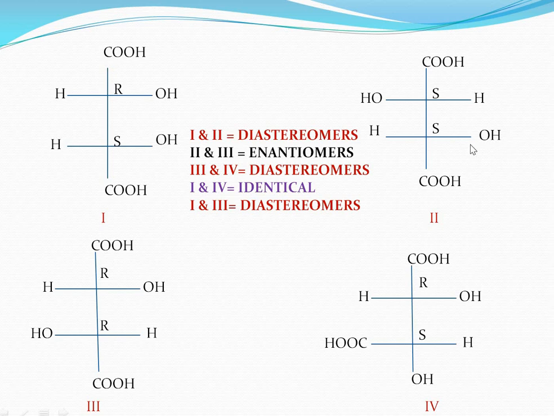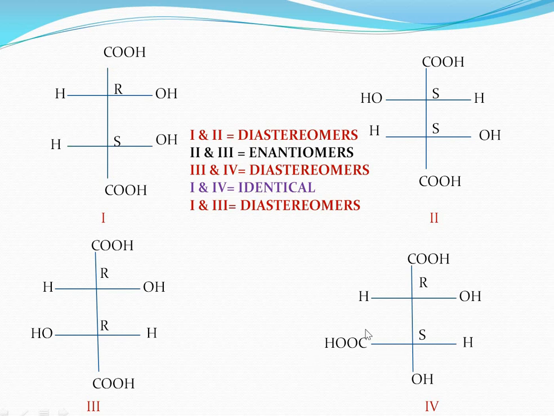If we look at 2 and 3, carbons 2 and 3 have the opposite configuration. It means both chiral carbons are at the opposite configuration, so these are enantiomers. We will see in 3 and 4, one carbon has the same configuration, but the other is opposite. So 3 and 4 are diastereomers.